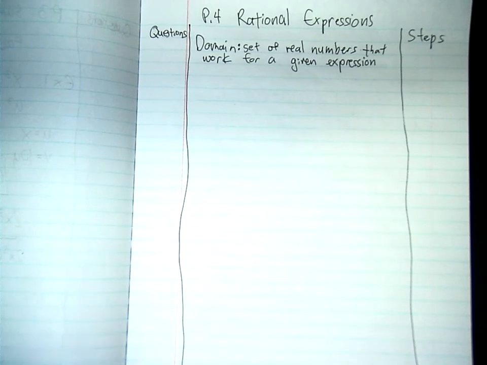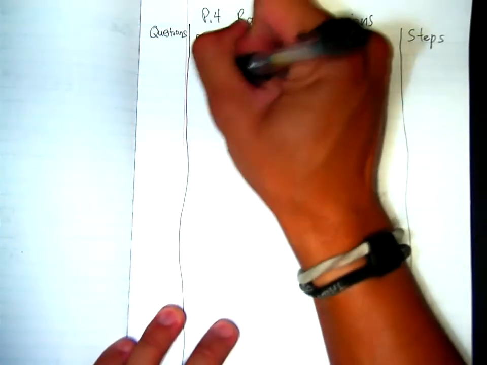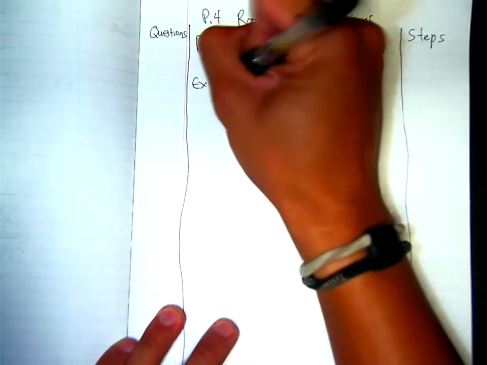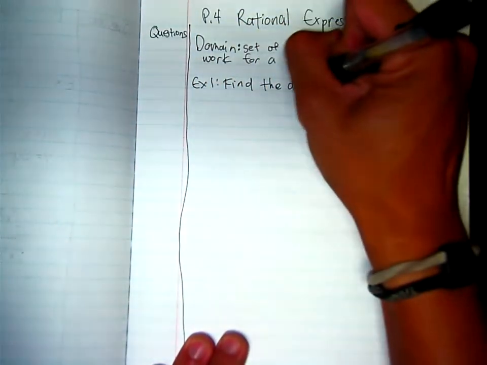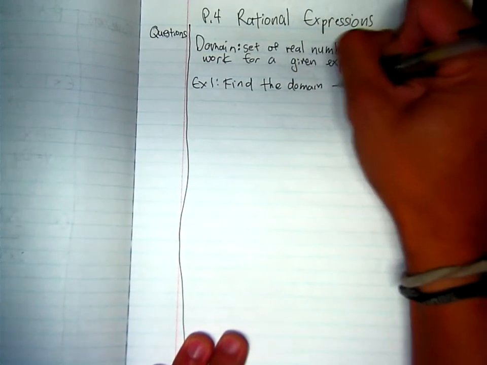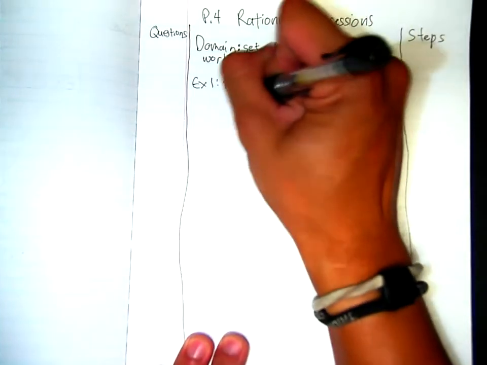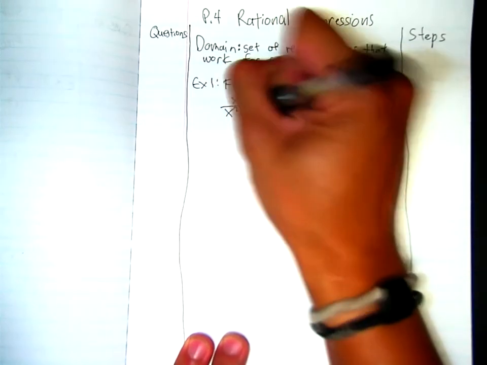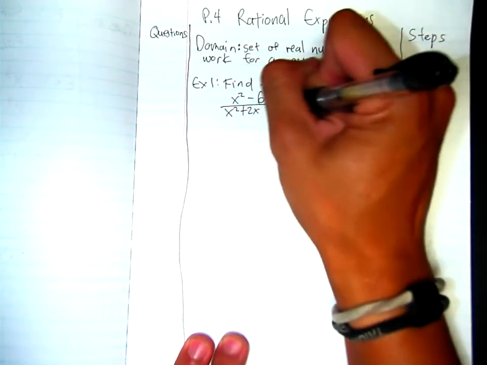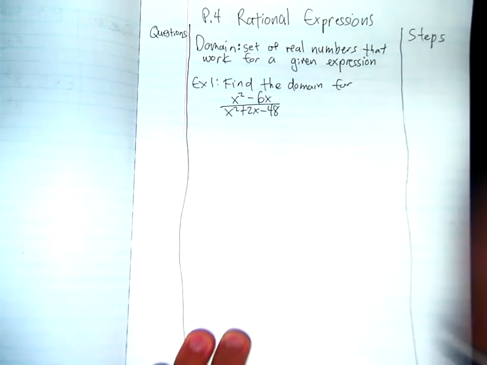The first example I have is: find the domain for x squared minus 6x over x squared plus 2x minus 48.